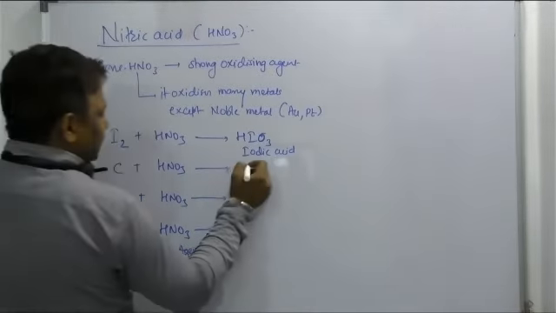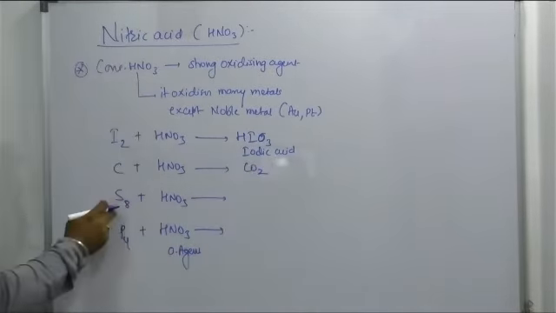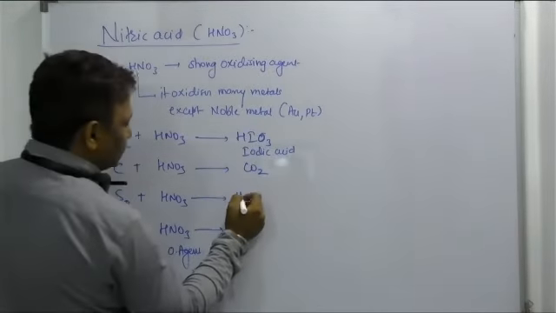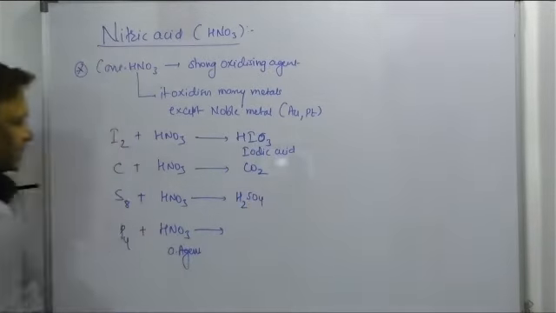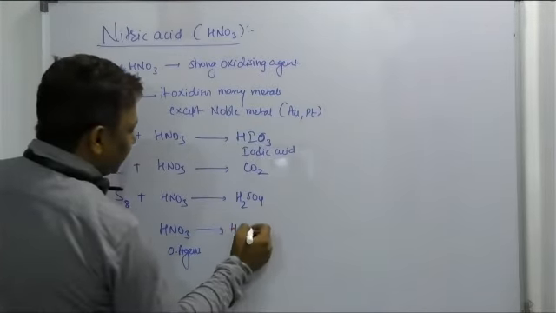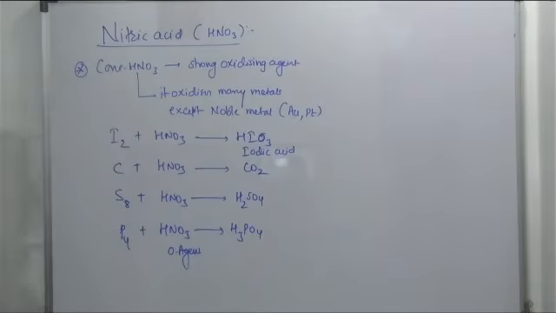It oxidizes carbon to carbon dioxide. It oxidizes sulfur to sulfuric acid, 0 to plus 6 oxidation. Phosphorus to phosphoric acid, actually H3PO4 is formed. Beta, H3PO3 means phosphorous acid, H3PO4 means phosphoric acid.